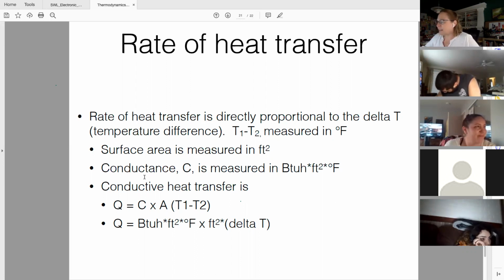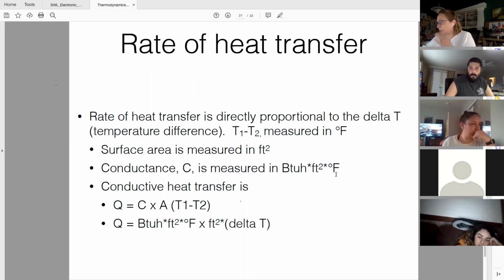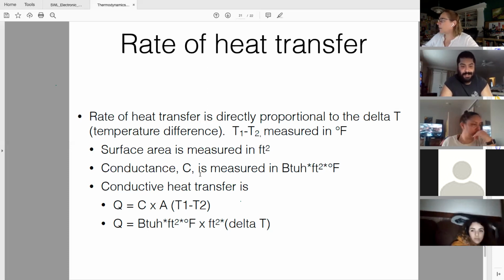So our conductance is measured in BTUs per hour times square footage times the delta T, which we're always going to do in Fahrenheit. So delta T is your temperature difference. You're going to have T1 minus T2, whatever those temperatures are, and it's going to give you degrees Fahrenheit.